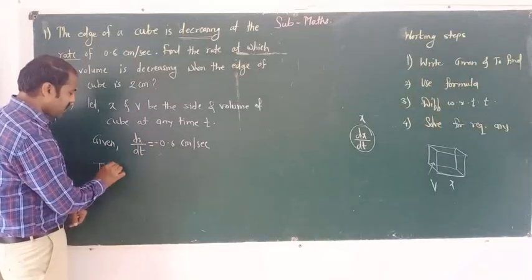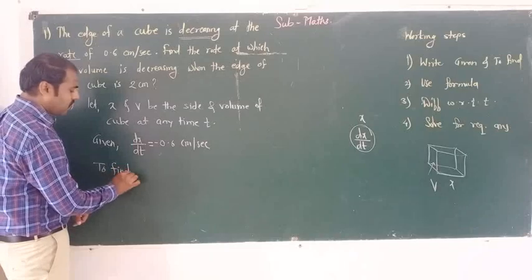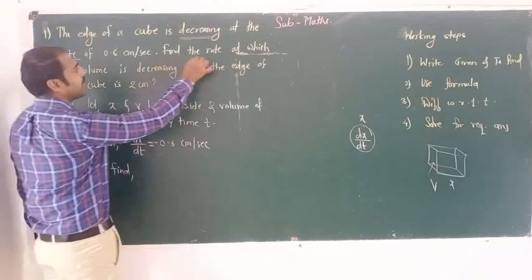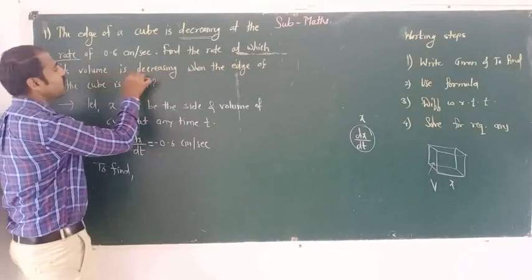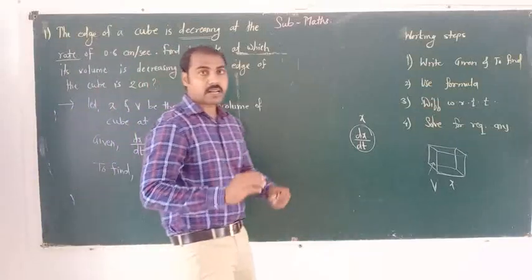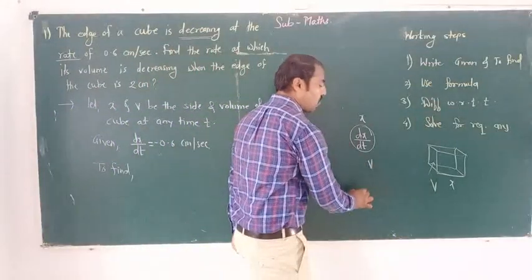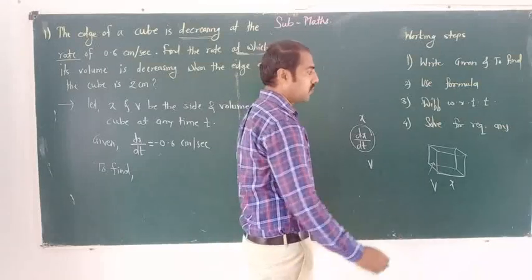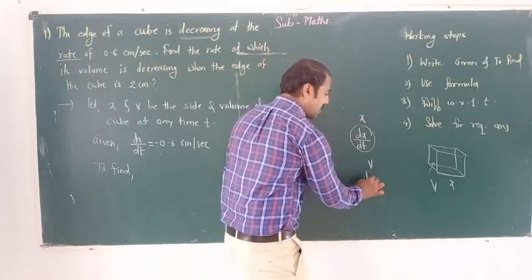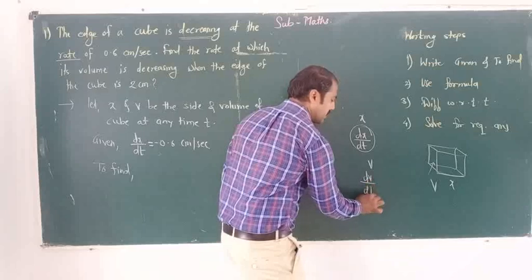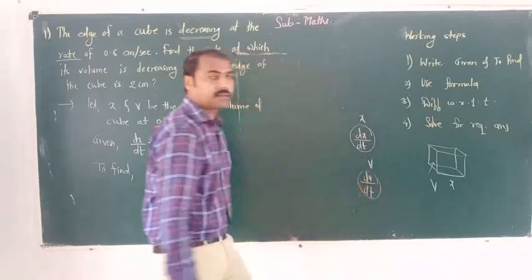Now, what is to find? Find the rate at which its volume is decreasing. Rate of change of volume. If V is the volume, then the rate of change of volume is nothing but dV by dt.